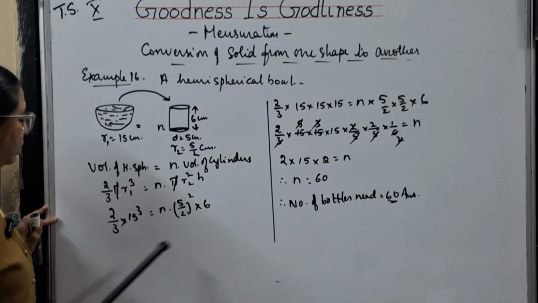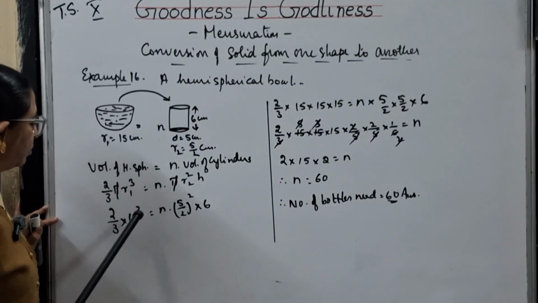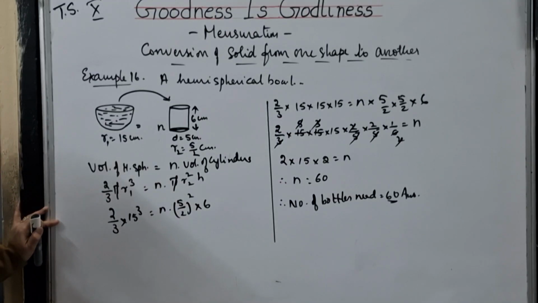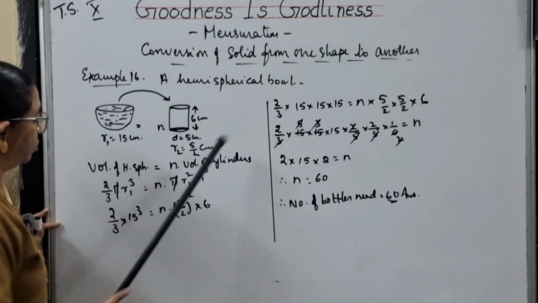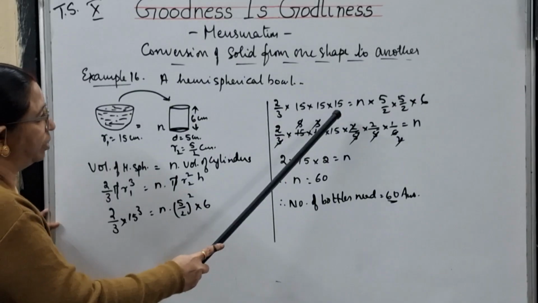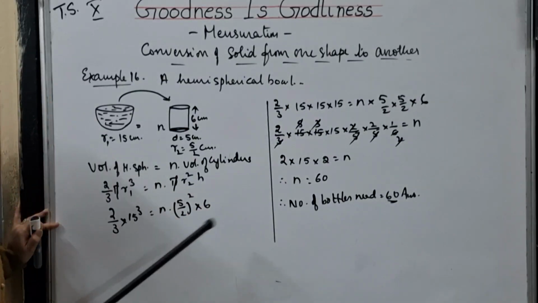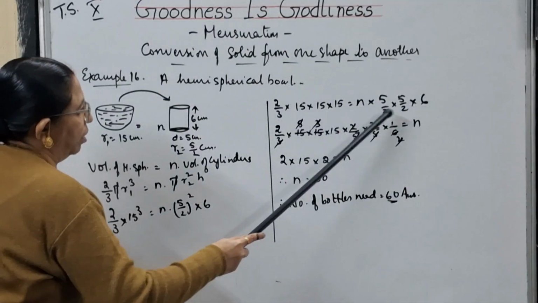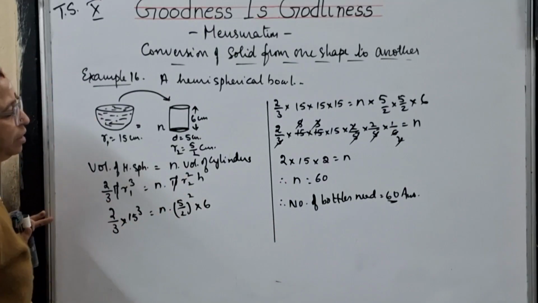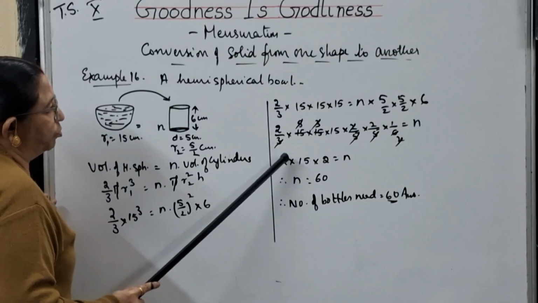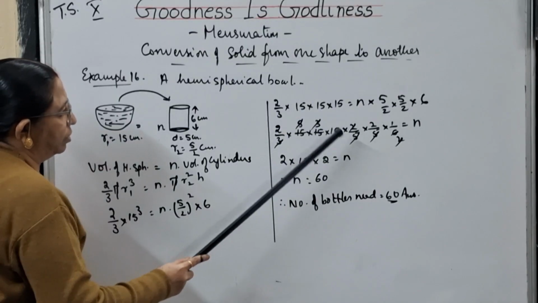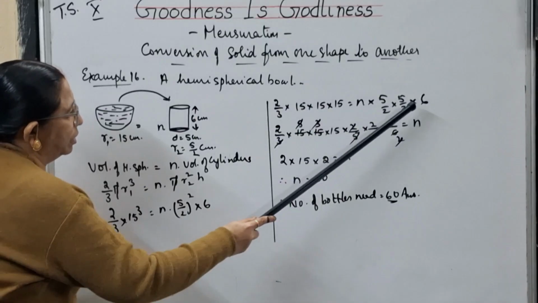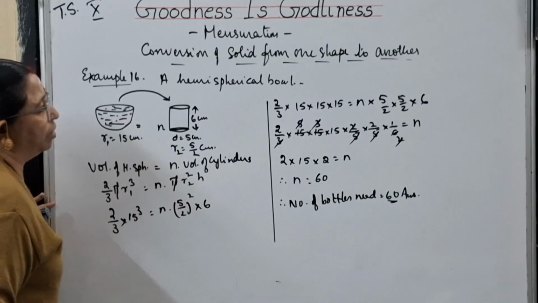So pi and pi will get cancelled. 2 by 3 into 15 cube, 15 into 15 into 15, is equal to n into 5 by 2 into 5 by 2 into 6. Except n, all the remaining ones I brought here. While bringing here, 5 by 2 becomes 2 by 5, again 2 by 5, and 6 becomes 1 by 6, is equal to n.